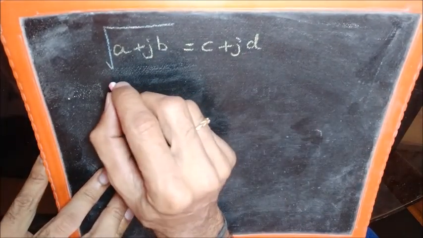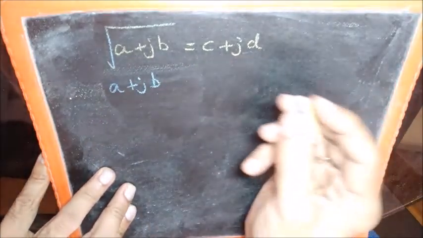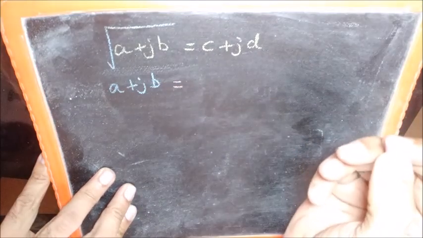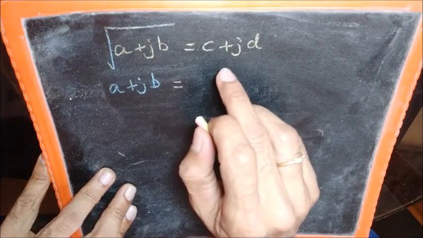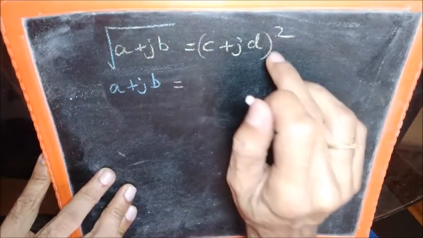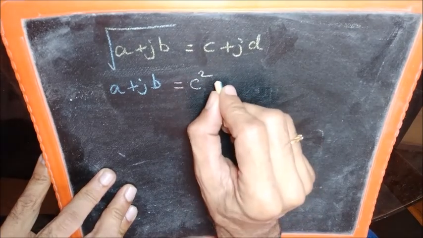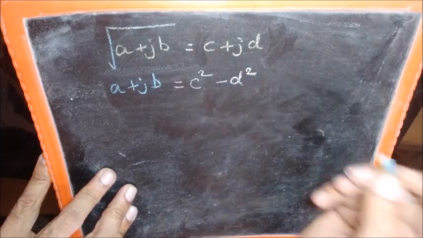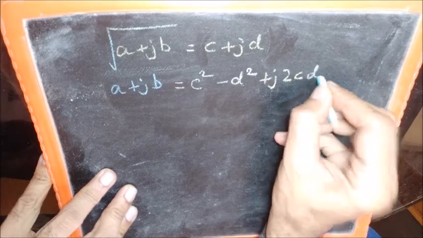Now, we square both sides. When we square the left hand side, we just get a plus jb, and when I square the right hand side, I get c square plus square of jd, that will be minus d square, plus j2cd.